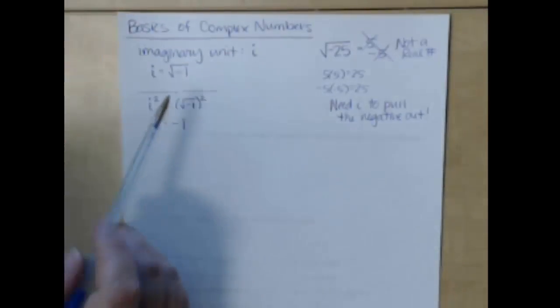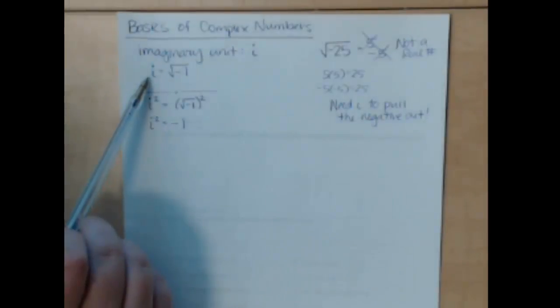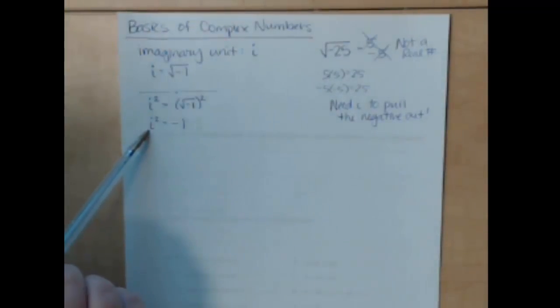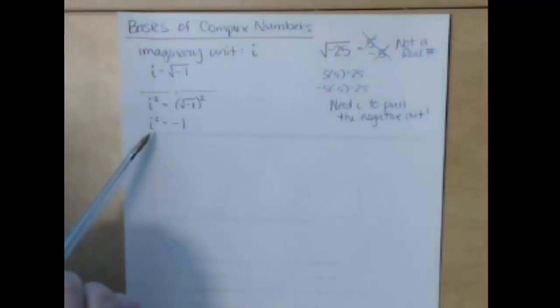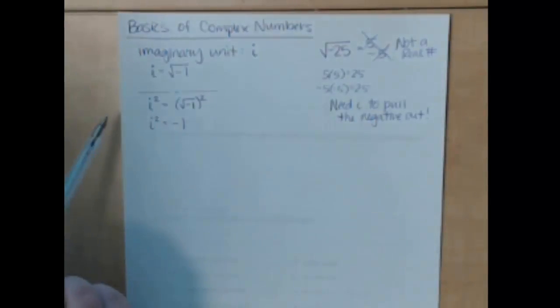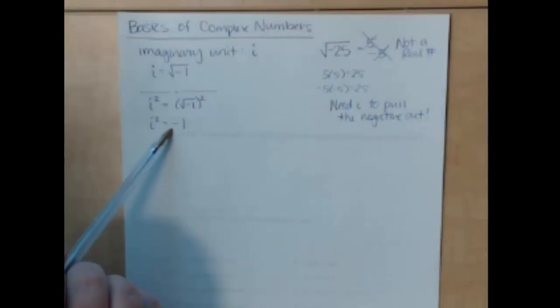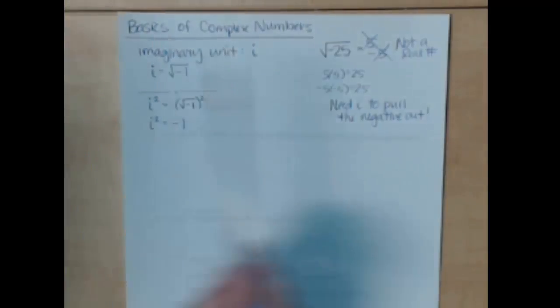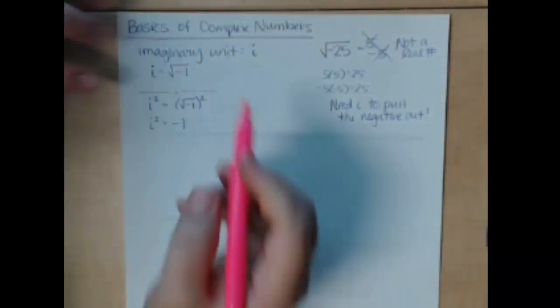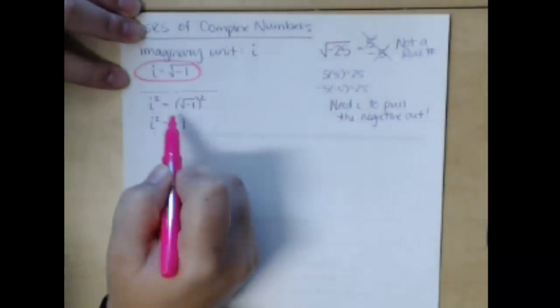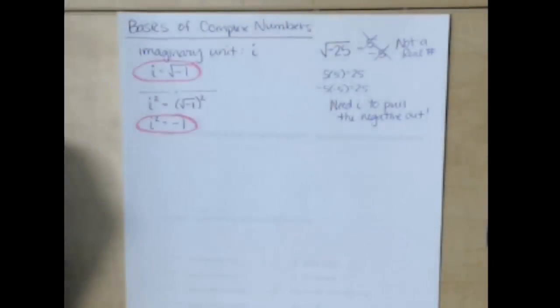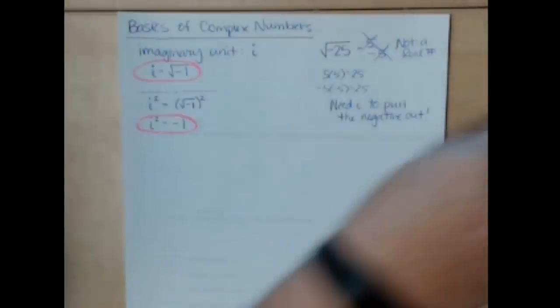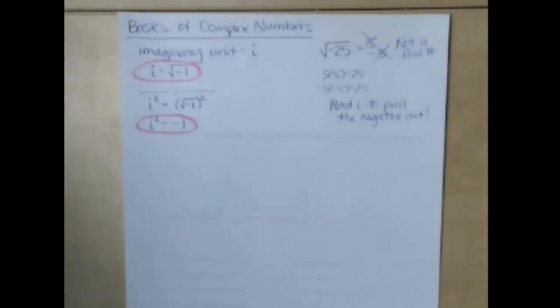What's important about this is that if we know what i is and what i squared is, we should never have any higher power of i, because any higher power of i we can simplify down to either -1 or just i to the first power. So if you are a highlighter, these are two things you need to make sure you remember: you need to know what i equals and what i squared equals.